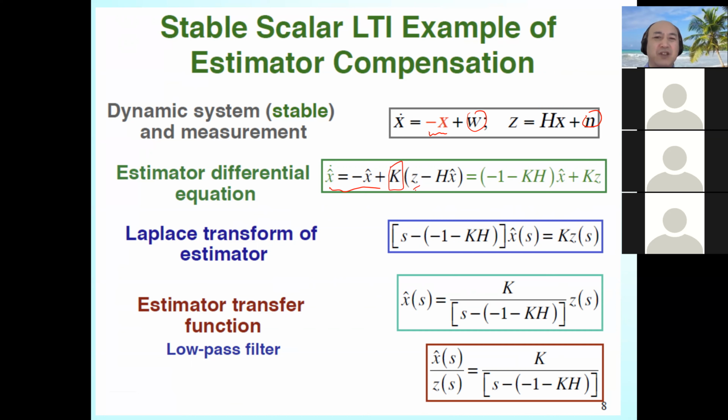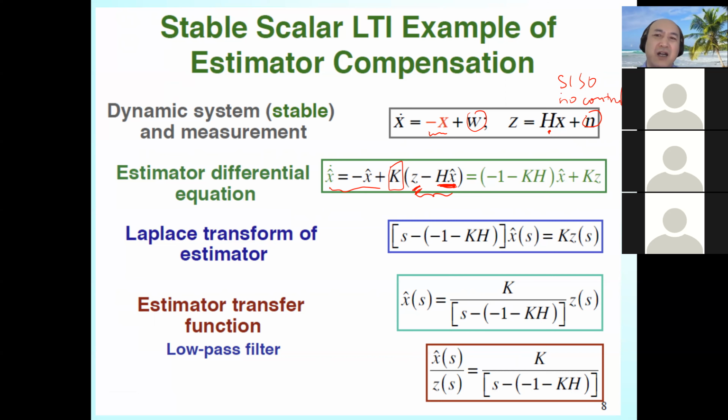This is my observation, the true measurements, and this is my estimated state times H in here. So this is a prediction, this is the prediction error. Using this error to adjust the observer dynamics, you end up with this one. That's all. If you do a Laplace transform, of course, this is a scalar case. And in fact, I don't have a D matrix, so you have no feedthrough.